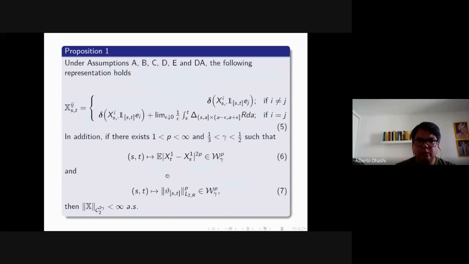Okay, so Proposition 1 tells you that one can construct a Lévy area in terms of the Skorohod integral when i is different from j. I just want to recall that double X here is a matrix. And on the diagonal, we have the Skorohod integral plus some remainder term, which can be explicitly computed.